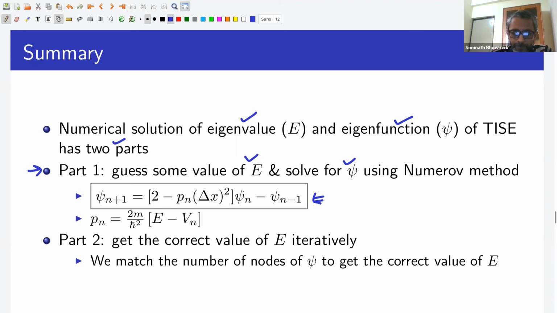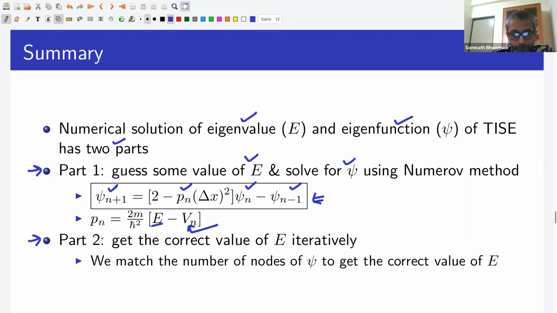Thus, if we know the value of psi at point n and point n minus 1, then we can find the value of psi at point n plus 1 because we know the function p of n. The function p of n is given by E minus V of n, and we know the potential at every point n. While calculating p of n, we start with some guess value of energy.